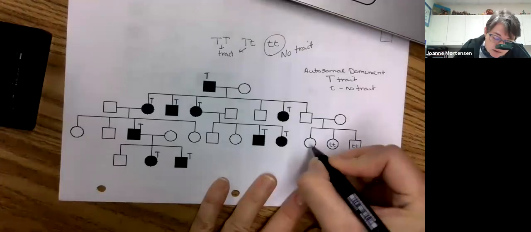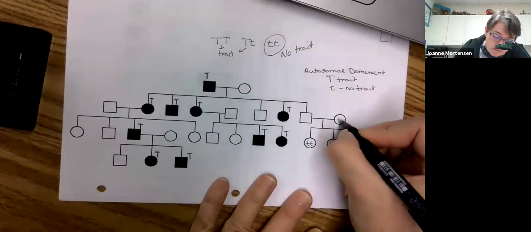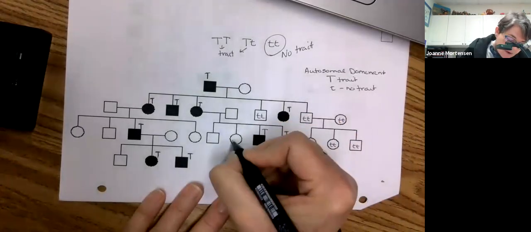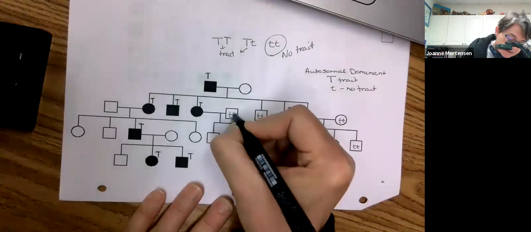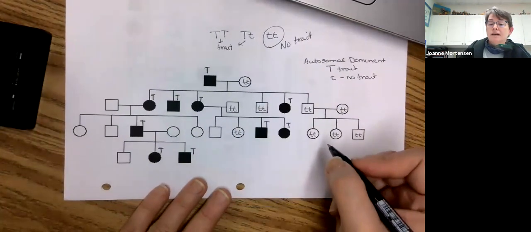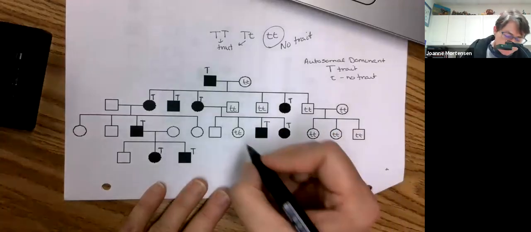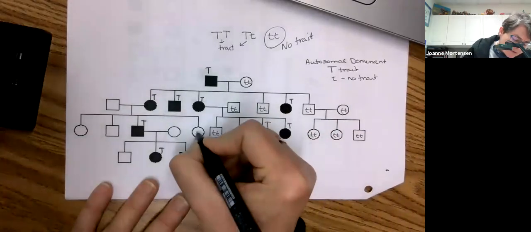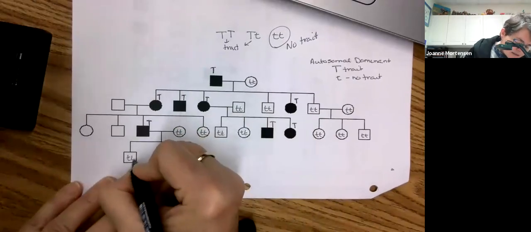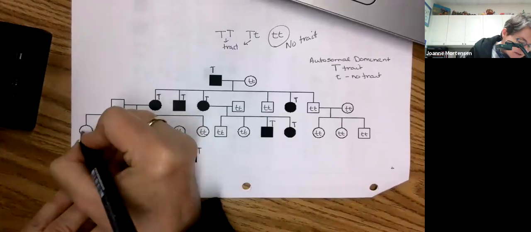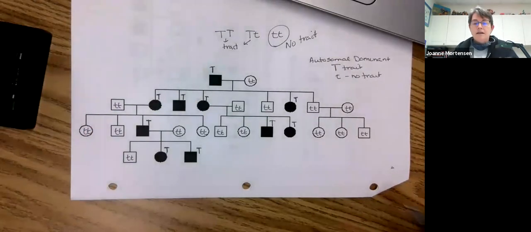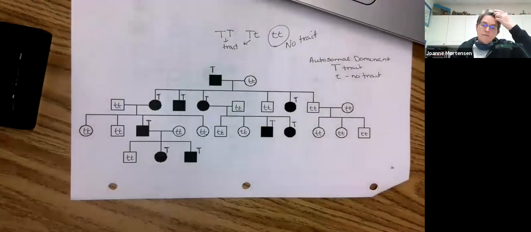And I'm going to just do them all. When I first started doing these, I would go through and do one person at a time, but this is so much easier. No matter how many times I do this, if it's an autosomal dominant trait, ta-da, half of my picture's done.